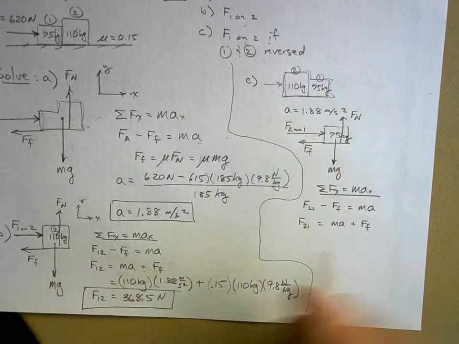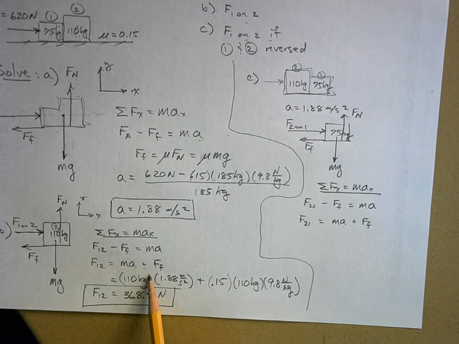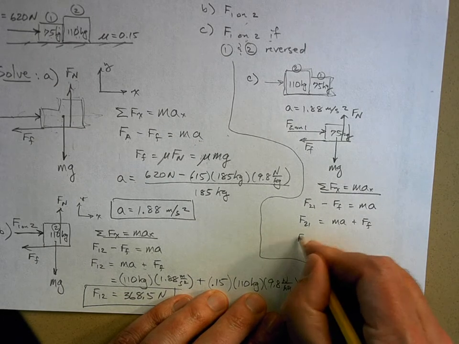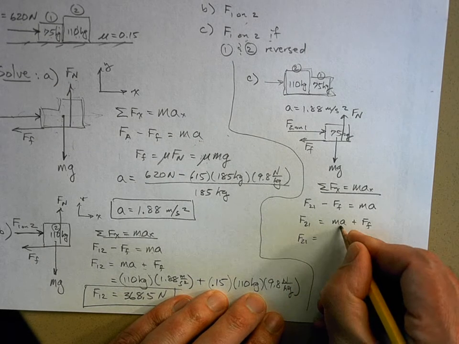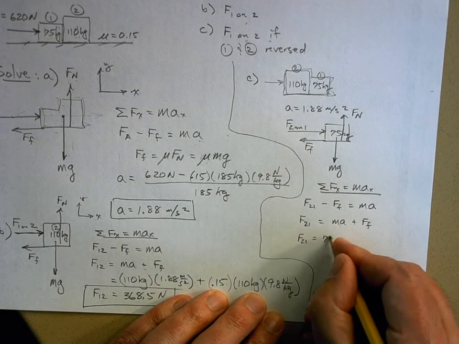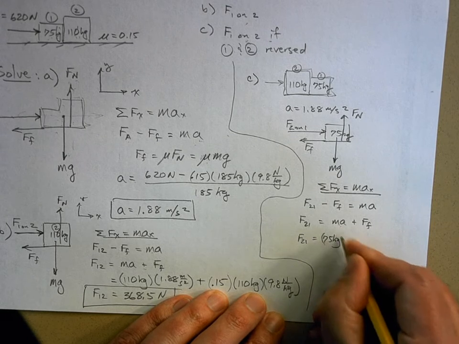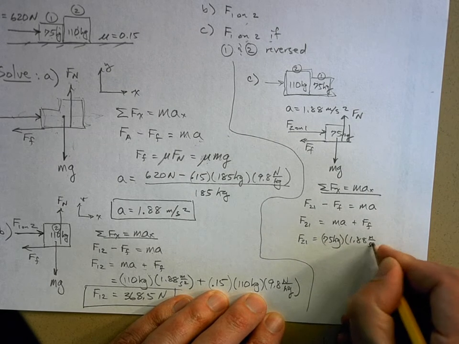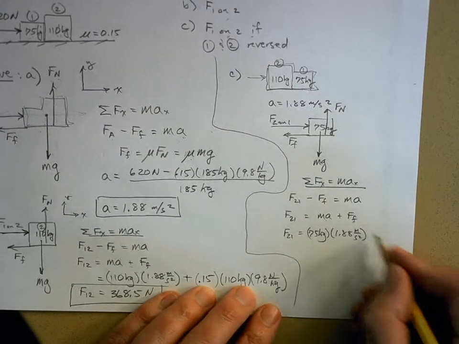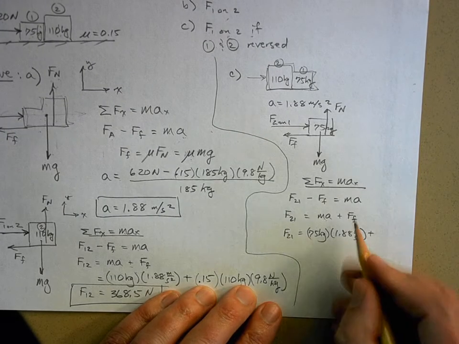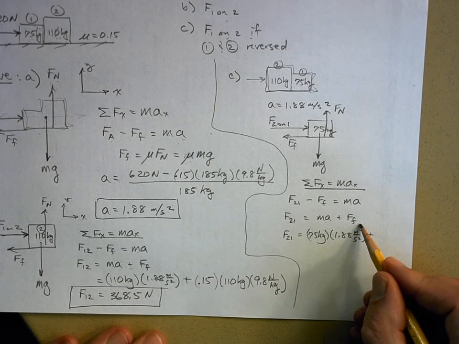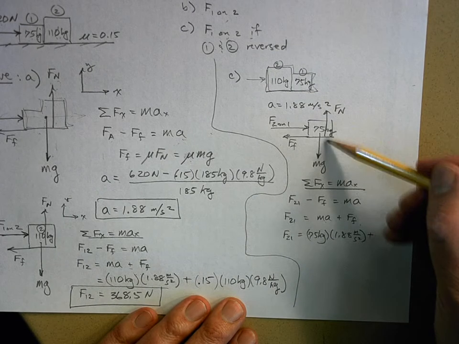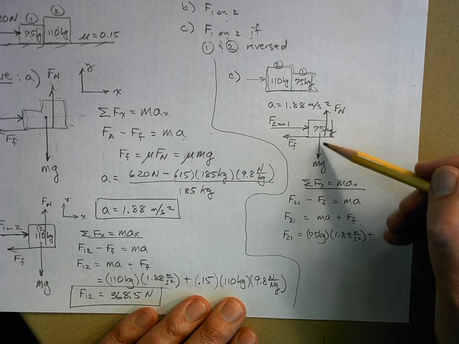This is exactly like what we did over here. It's really no different. And now the force of 2 on 1 equals ma. Well, now the mass is 75 kilograms. The acceleration is that 1.88 meters per second squared, plus the force of friction. But the force of friction, again, is mu times the normal force. So the normal force is just going to be equal to the weight.